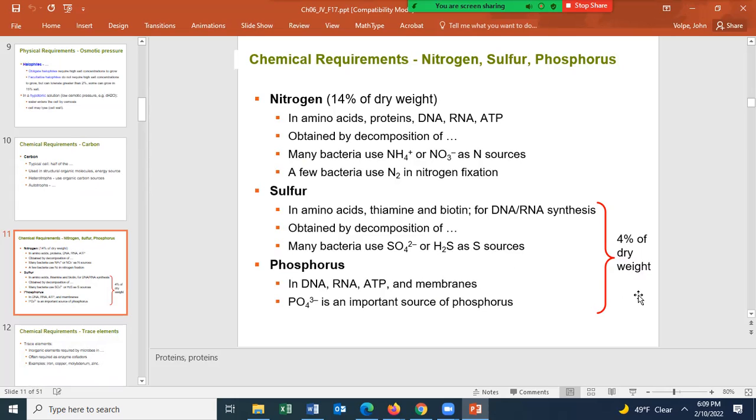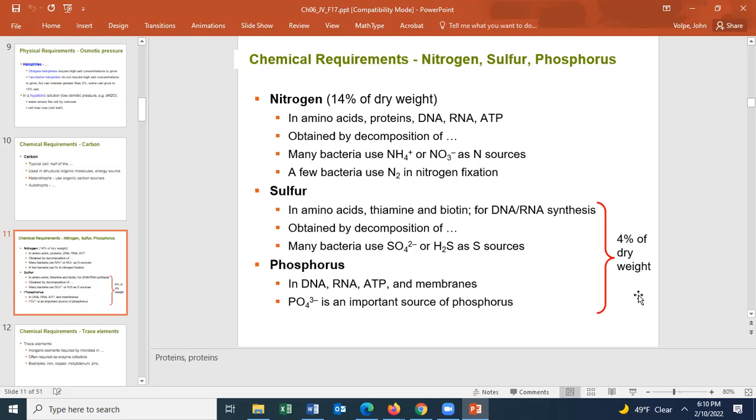Nitrogen is another chemical requirement that cells need. Nitrogen is actually 14% of a cell's dry weight. You find nitrogen in amino acids, proteins, DNA, RNA, and ATP. Human cells usually obtain nitrogen from decomposing proteins, meaning we digest proteins. This is true for many bacteria as well, but bacteria can obtain their nitrogen from other sources other than proteins.